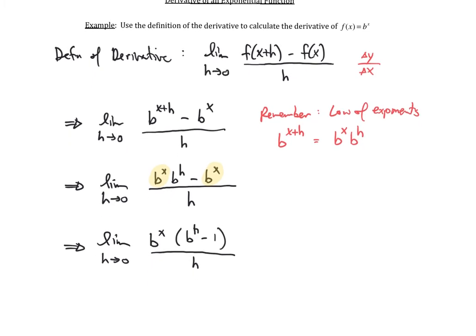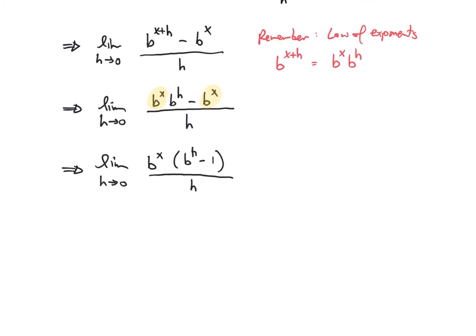Okay. The next thing we want to notice, my friends, is that this term b to the x doesn't involve the limit variable h at all. So because my limit variable here is h and b to the x doesn't involve h, this b to the x is treated as a constant.